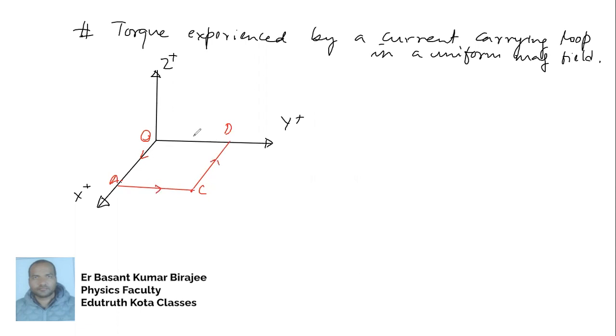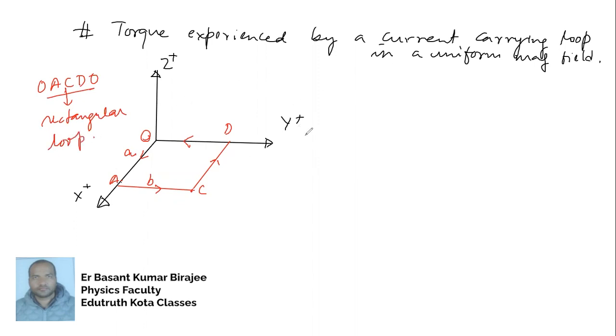We can take any direction, but we are taking anti-clockwise here. And this side is a, and this side is b. So OACDO is a rectangular loop.